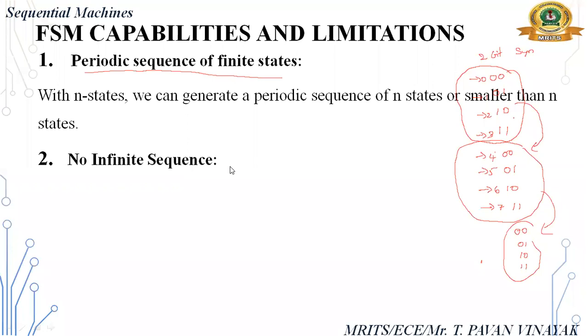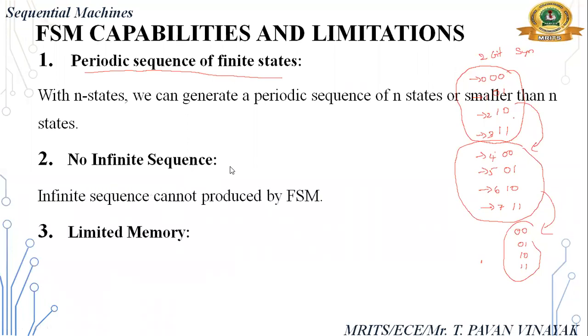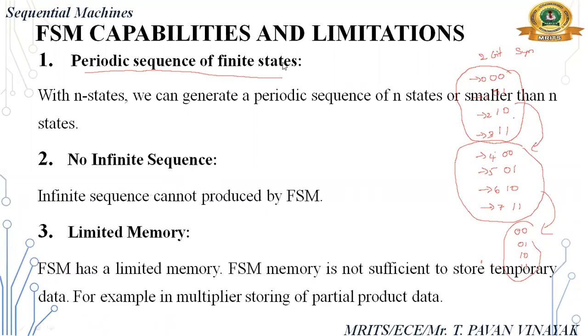Next, limited memory. Why limited memory? Suppose I gave you a designed 2-bit counter, right? This is the 2-bit counter. Now I want to display the count 0 to 7. Is it possible to use this one? No, because FSM is a predefined function, right?